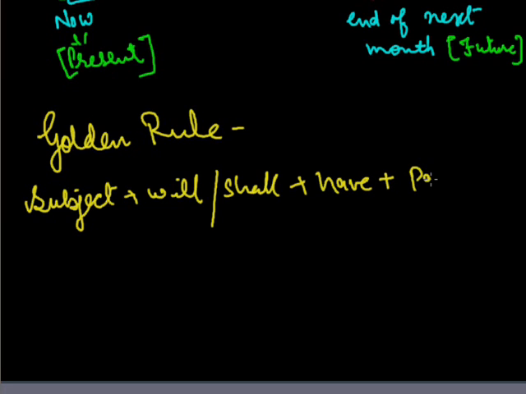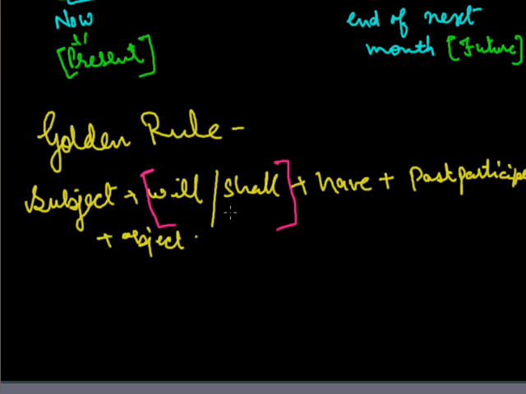Past participle, good, past participle, then plus object. Okay, tell me one thing. I said shall and will again and again. I'm telling you that shall comes with I and we, and with all the rest of the subjects we use will, and with have we always use the past participle, that is verb 3, and object.